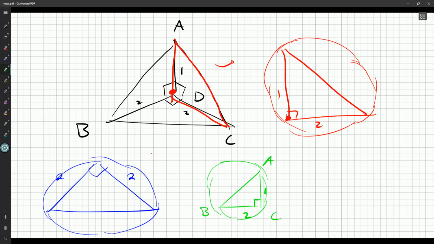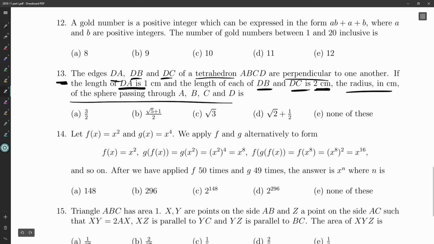Well, D is on every single one of these circles. D is always the point in the corner. I think it's a good idea to focus on D, and maybe its relationship to the center of the sphere, because we want the radius of the sphere. And it looks like we should be able to get it exactly, or there's the chance that we won't get one of these answers.